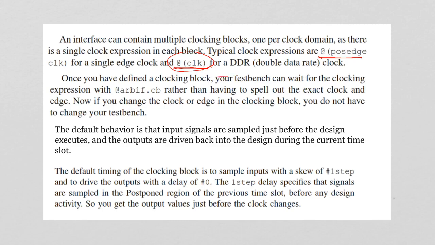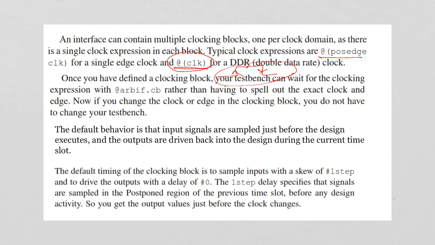So it may be 0 to 1 as well as 1 to 0. That means this is called double data rate. Your data is sampled at two edges. On both edges the data is sampled, so it is called double data rate.